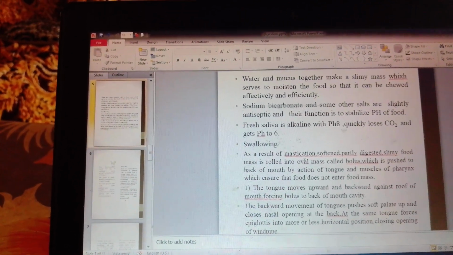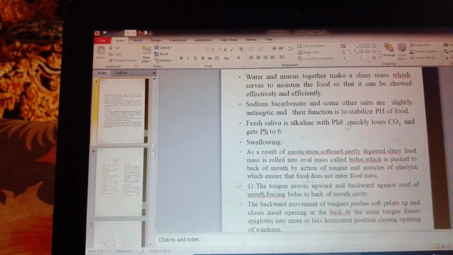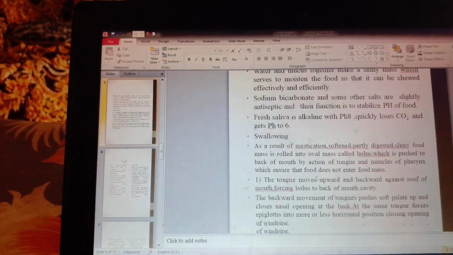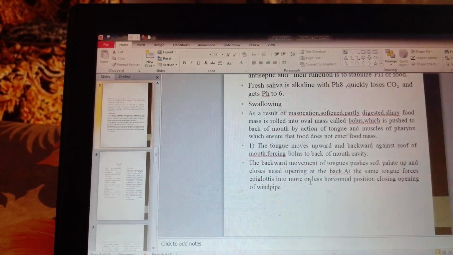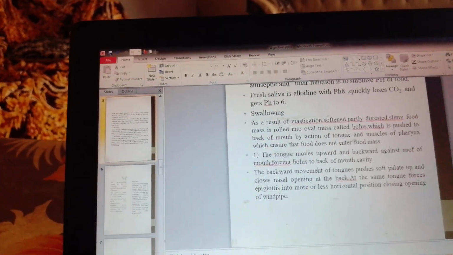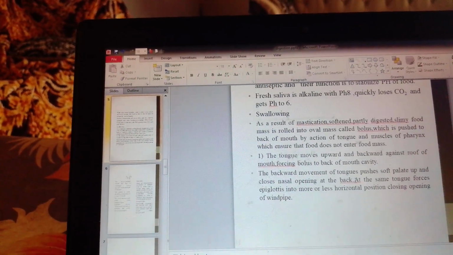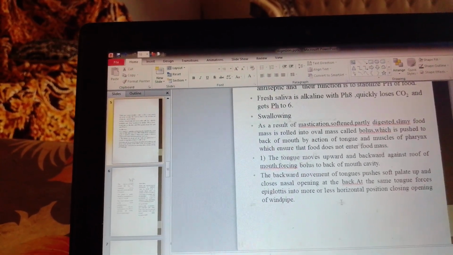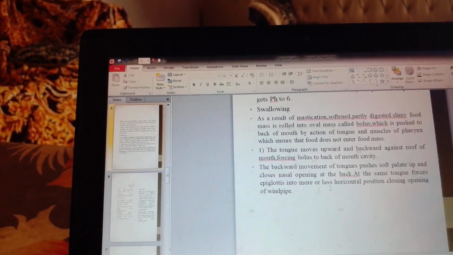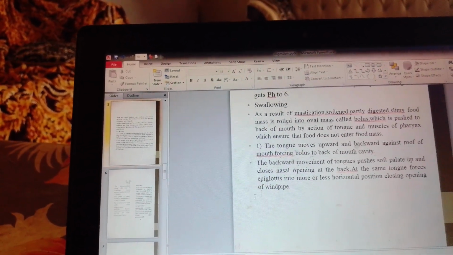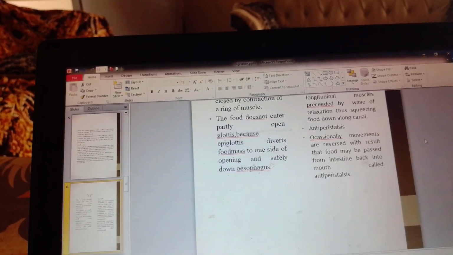After mastication, the food is rolled into an oval mass, which is called bolus. Now the bolus goes to the back side of the tongue, where the muscles of the pharynx are present. As the tongue moves upward, the backward movement of the tongue pushes the palate up, and the epiglottis is pushed so that the windpipe is closed.